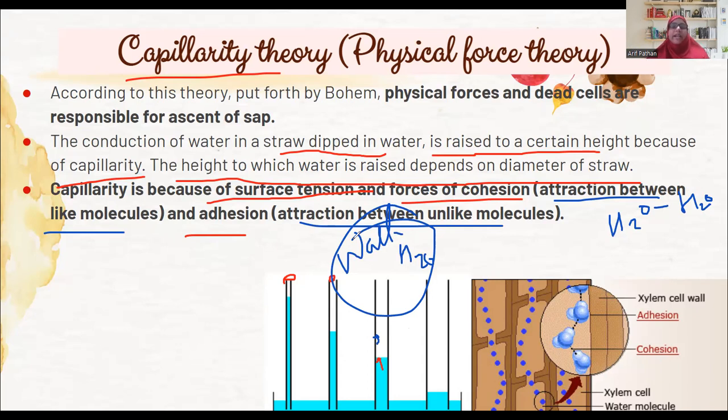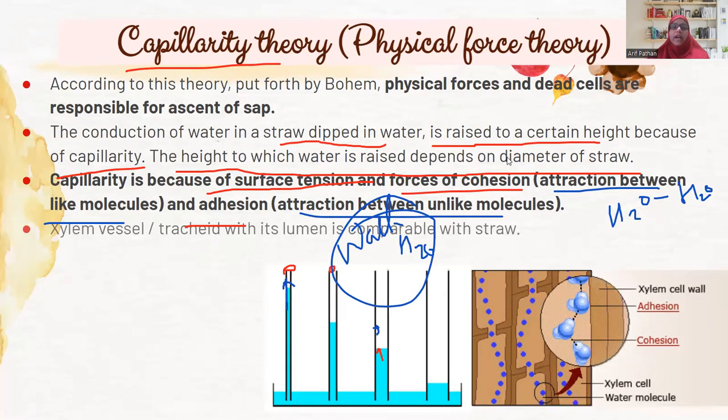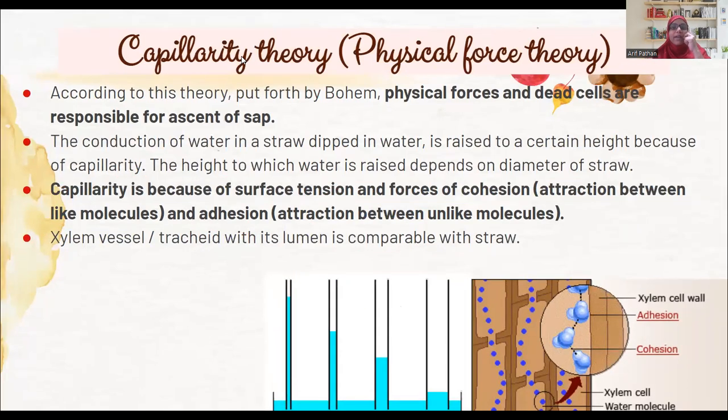So this capillarity, this rising up of water, is because of two physical forces, adhesion and cohesion, as put forth by the capillarity theory. The theory tells us that the capillary, the straw, is comparable to the xylem vessels and xylem tracheids.